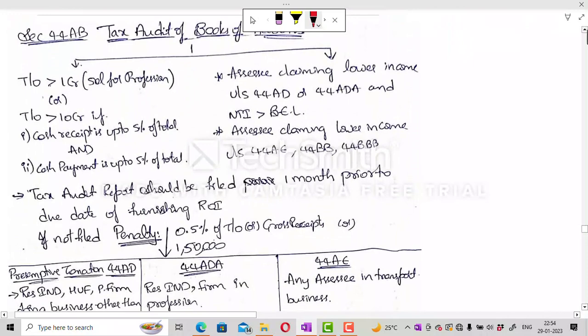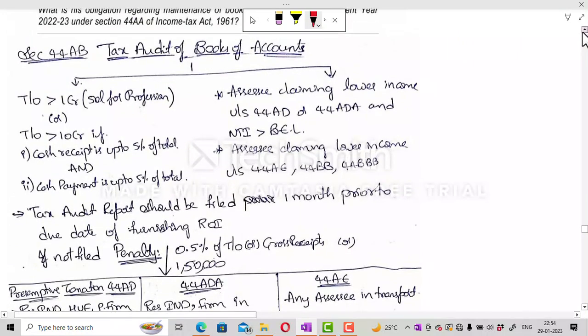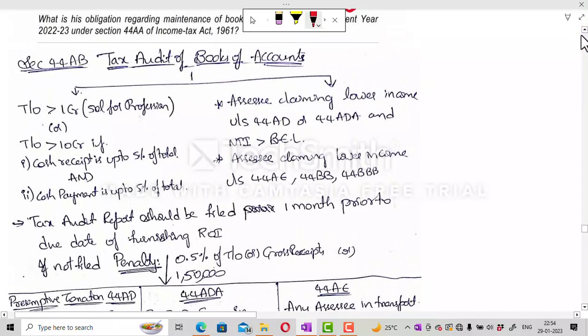So next one is tax audit. Who needs to get their books audited by a CA? Turnover, two cases. Turnover is more than 1 crore, which needs to be checked, and only 50 lakhs for profession. Okay, we have discussed professionals, no? For them only 50 lakhs. Otherwise, turnover should be more than 1 crore, or turnover is more than 10 crores.